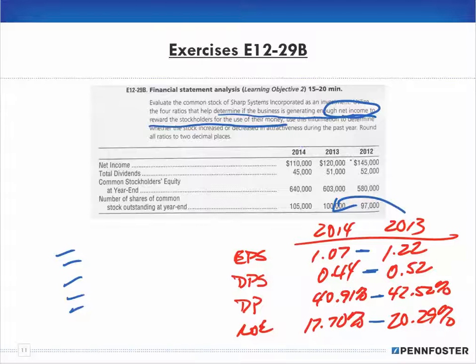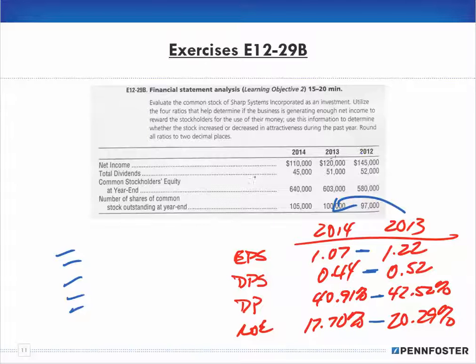Well, just because you look at one year to the next and see the effect of the net income, right? Yes, here the data shows that the net income dropped from 2012 to 2013 to 2014, but that's not what you're measuring, okay? You're measuring whether you're generating enough net income in order to be able to reward the stockholder.